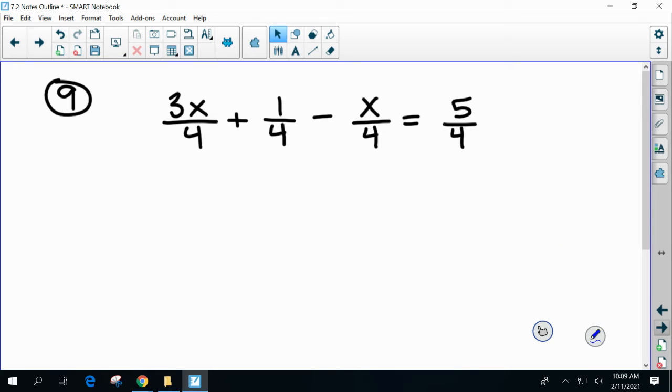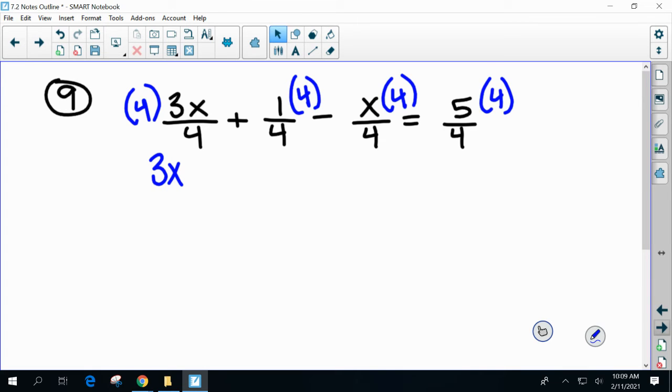So like you can try it in your calculator if you'd like, but 3/4, if you take 3/4 times 4, you're just gonna end up with 3. So 3x would be what you end up with. So you're taking everything times 4. So then here you'd end up with plus 1 minus x equals 5.